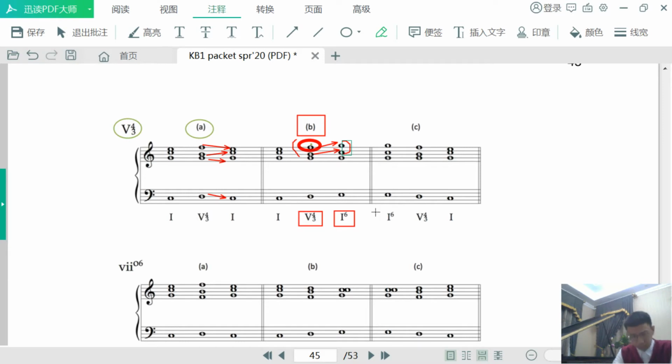Okay, now this progression, the 5-4-3 chord, resolved to 1-6. So why can it resolve to the 1-6 chord? Let me play again with only bass and soprano. Okay, did you hear an ascending line with the bass and soprano both moving by parallel third?